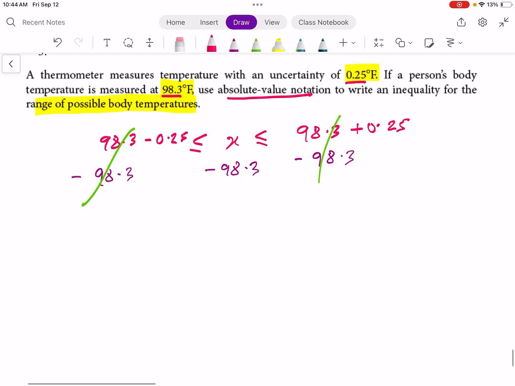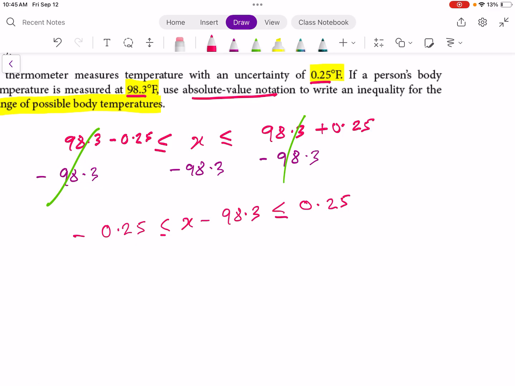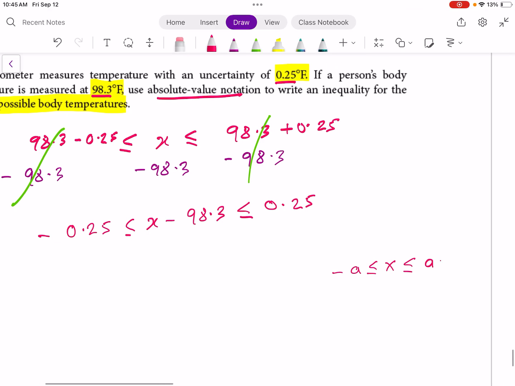So we have negative 0.25 less than or equal to x minus 98.3 less than or equal to 0.25. Now we have this definition: if we have x greater than or equal to negative a and less than or equal to positive a, then we can rewrite this as the absolute value of x less than or equal to positive a.